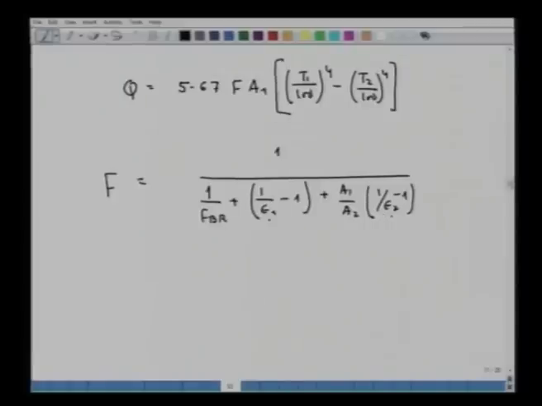Now, whether this expression is correct or not, if we put epsilon 1 equal to epsilon 2 equal to 1, that is that of the black body, then our expression F is equal to FBR, and hence we can say that the formulation we have made for the calculation of F is correct, because it is giving us the value of F equal to FBR when A1 and A2 are enclosed by black surfaces.